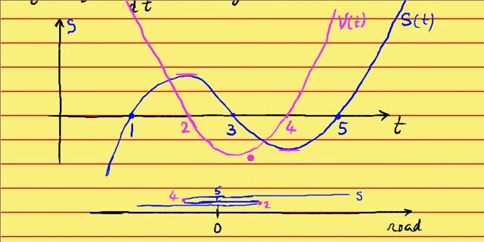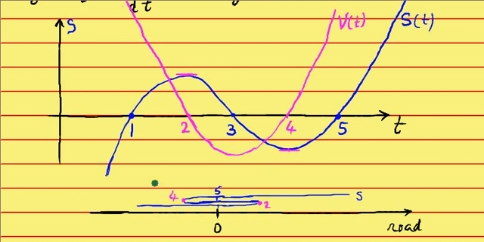Now, one could go ahead and differentiate velocity also and get the acceleration. So I could have acceleration of this. Here, acceleration is negative because I'm differentiating v, and at this location the slope is negative.